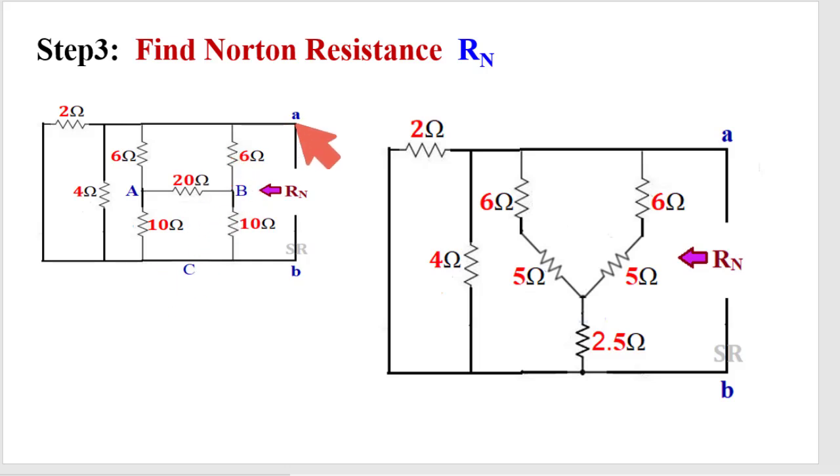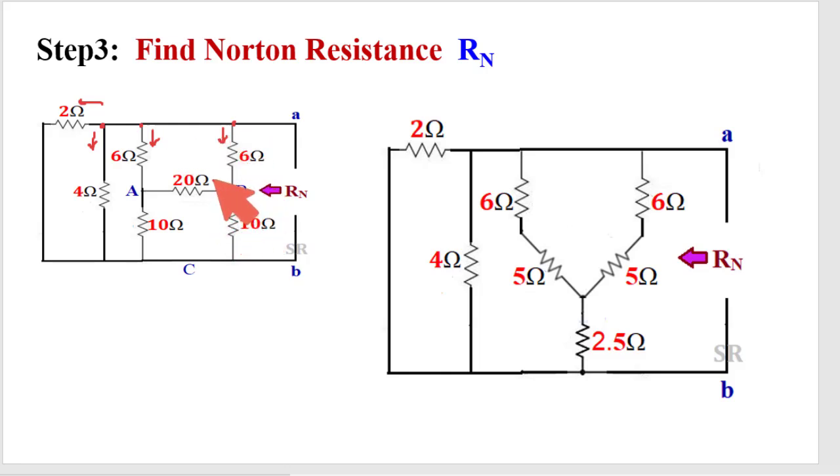Now here, if we start walking from here, then this point, this point, this point are the same point. So one path is through this way, another path is this one, another path is this way, another path is this way. These are all parallel paths.